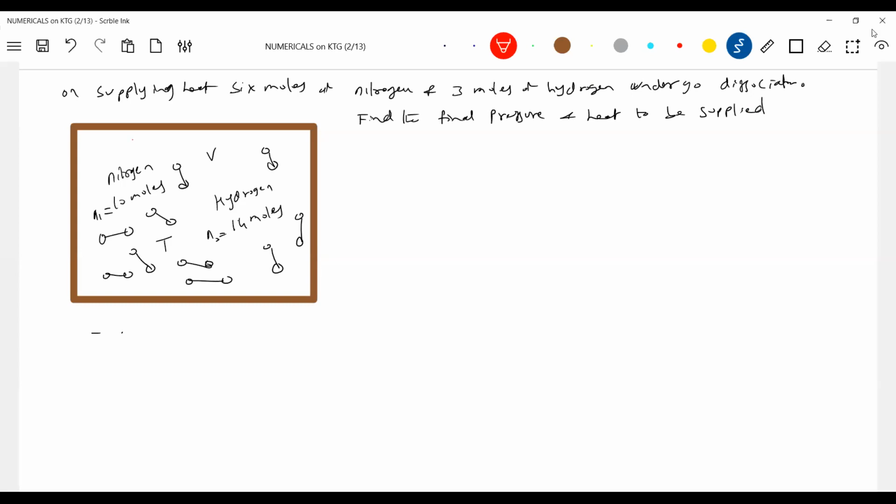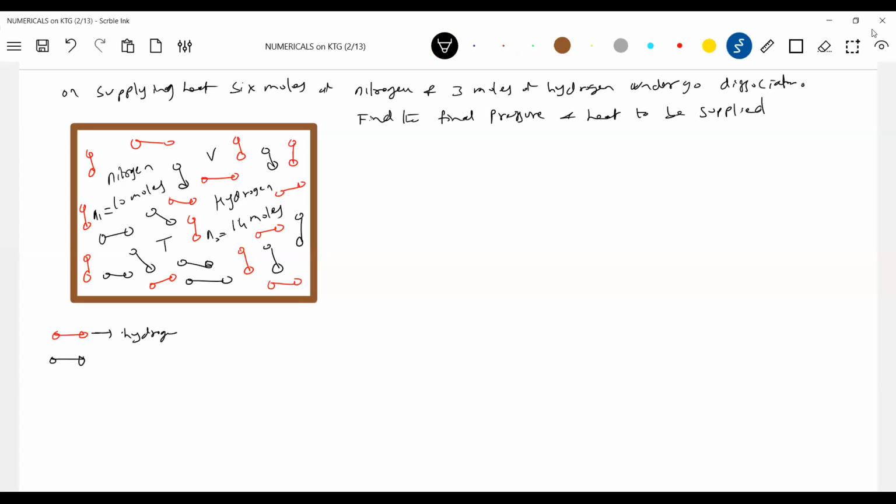The hydrogen, I'll show 14: 5, 6, 7, 8, 9, 10, 11, 12, 13, 14. Are you able to count it? Red and blue color. So this is the hydrogen molecule.